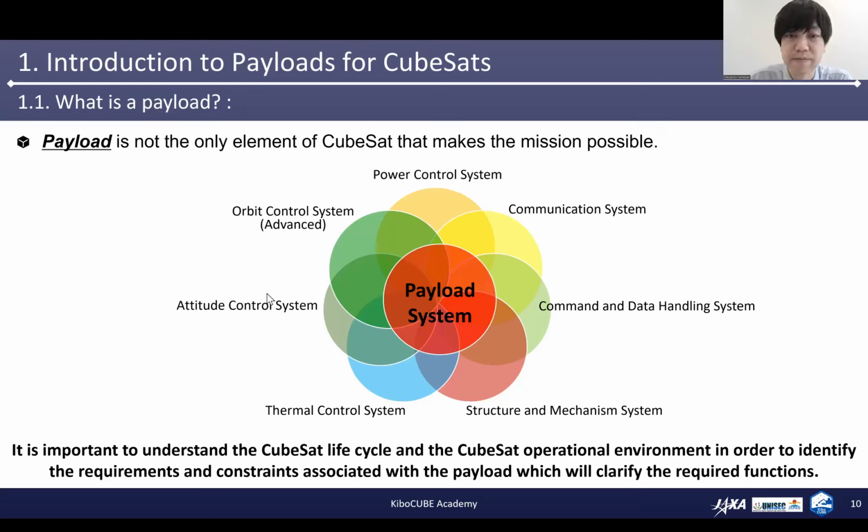Some standards are available, and I have attached one, the JEM Payload Accommodation Handbook, Volume 8. I think this is the most important and relevant document for you when you apply for a launch opportunity through KiboCUBE Academy.